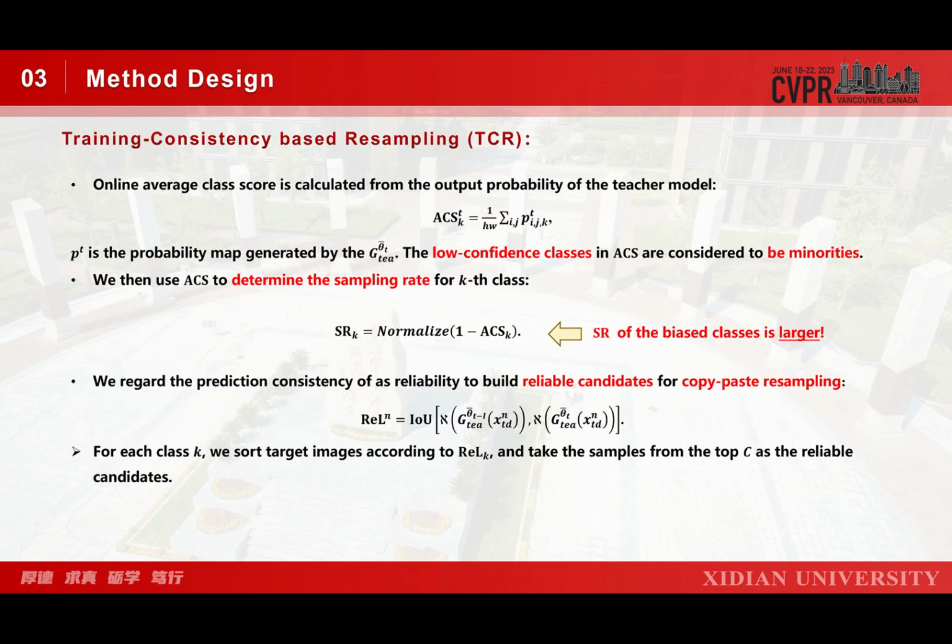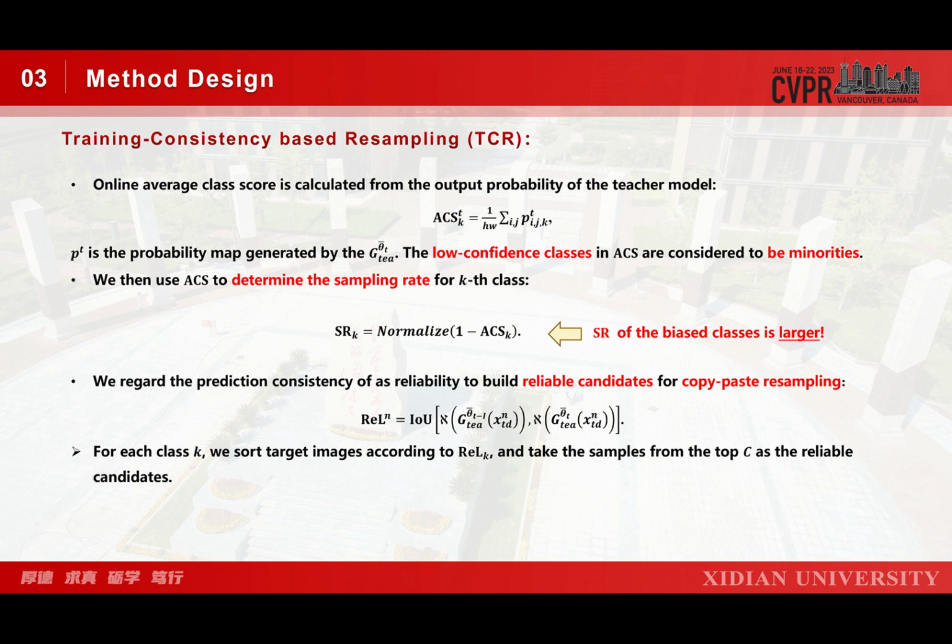Now to introduce the second proposed module, copy-paste, which is widely used in UDA. It uses the class distribution of the source domain to determine the minority classes and copies the source images containing minority classes and pastes them to the target. However, the inaccessible source data prevents it from being applied to UMA.